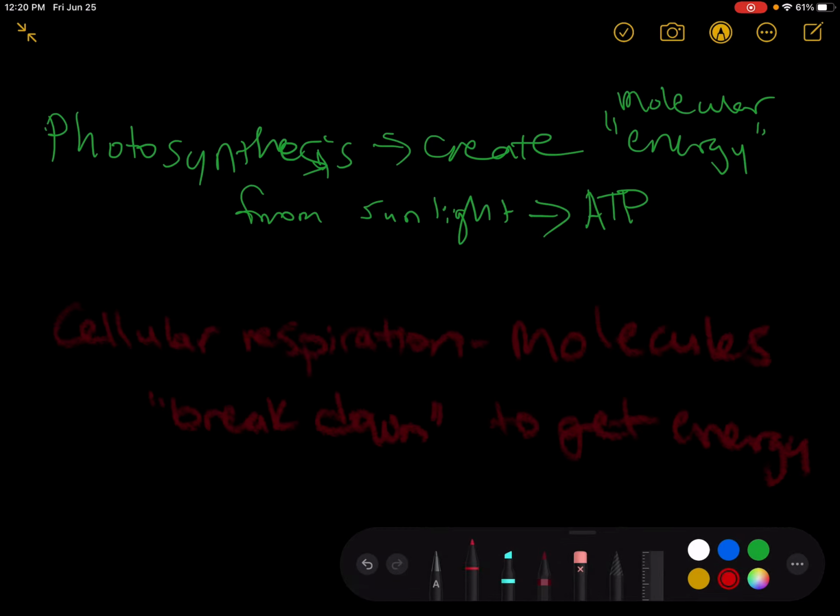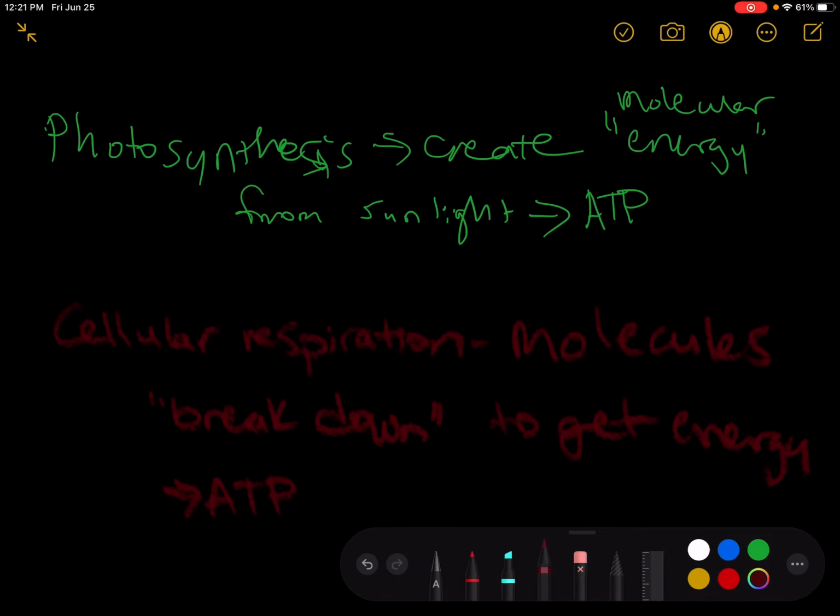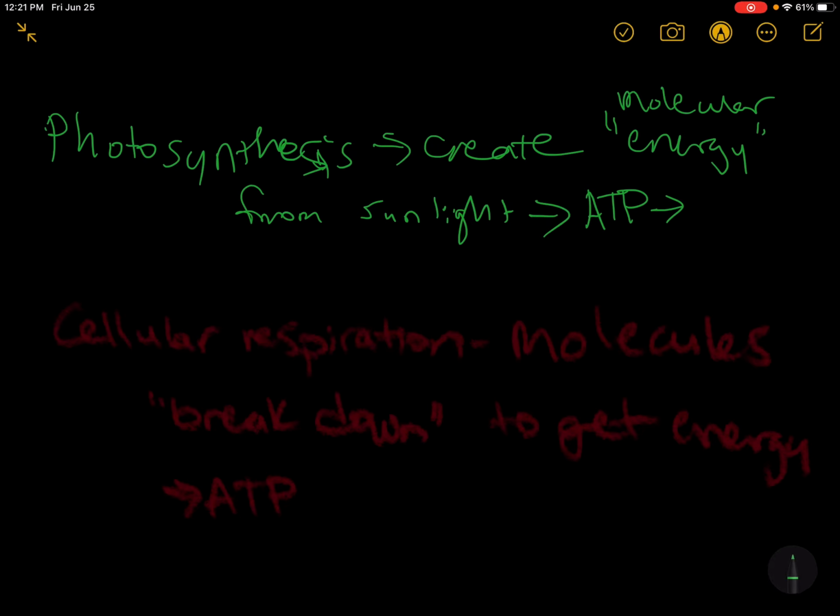In cellular respiration, we also are making ATP. And the connection between the two is that in photosynthesis, after we make ATP, we use that ATP to make glucose and other molecules, but right now we're going to talk about glucose.